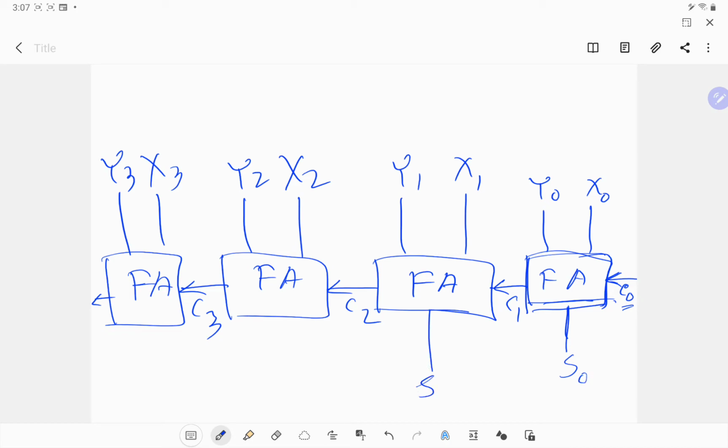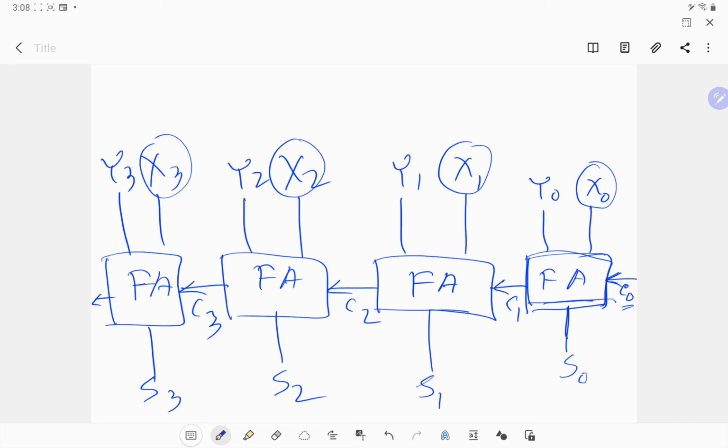Then it's S1, S2, S3. So now, when we need to add two binary numbers of 4 bits, we input these binary numbers. One binary number will be X0, X1, X2, X3. Another binary number will be Y0, Y1, Y2, Y3.